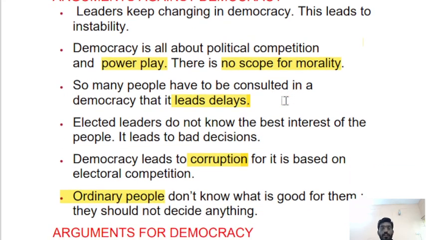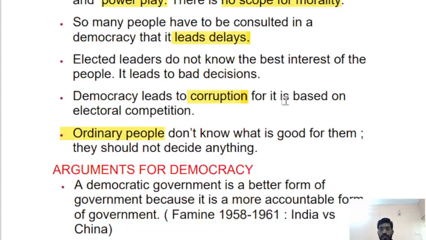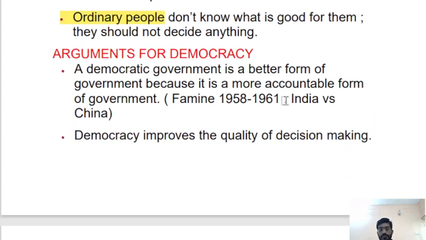Okay, these are the arguments against democracy. We can call them demerits also. Then what are the merits? It is an accountable government.